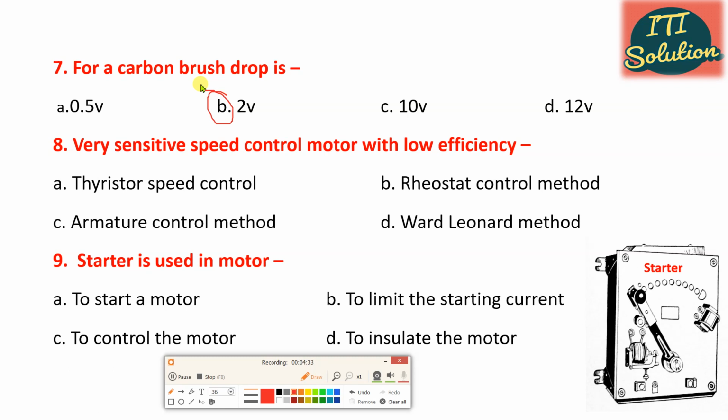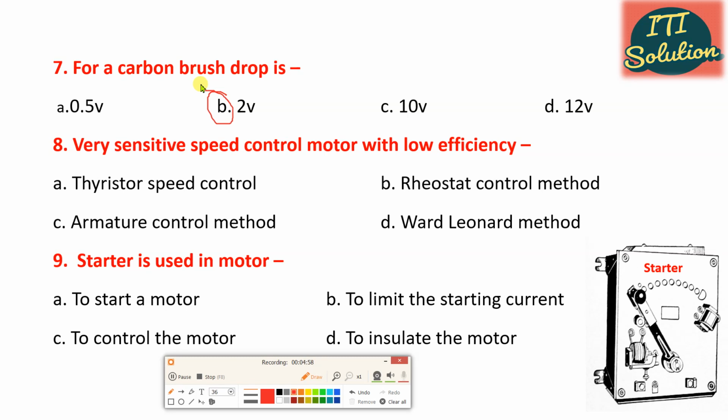Actually, the main function of a brush is to collect current from the commutator. Usually, these brushes are made of carbon or graphite. The number of brushes used in a DC machine is equal to the number of parallel paths. So, the voltage drop across the brush contact is around 2 volts.